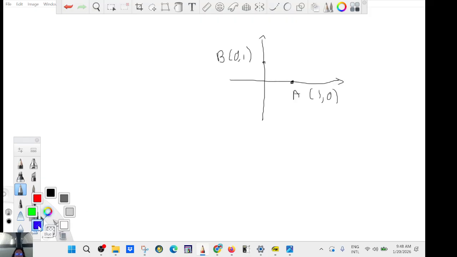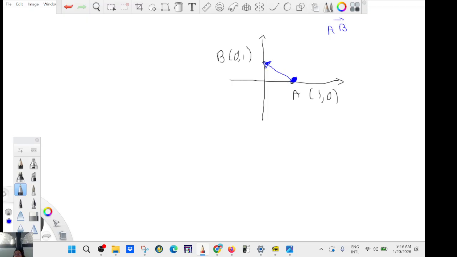Okay, so I'm going to make a vector AB. Can you find the coordinate of the vector? To find the coordinate of the vector, you start always from the tail. So you have the vector AB. That's my vector. Let's say it's a vector displacement.